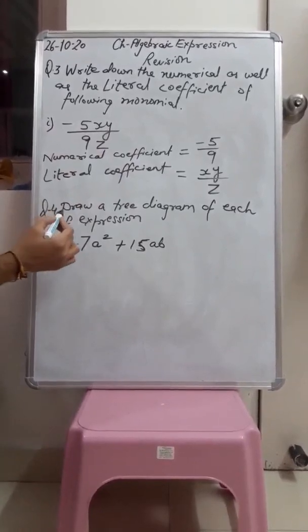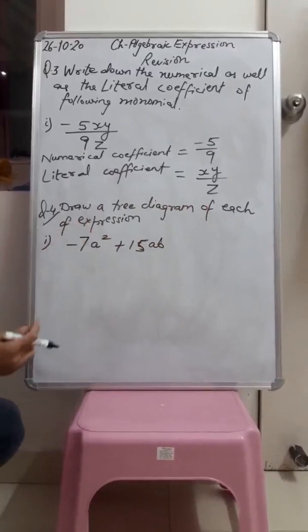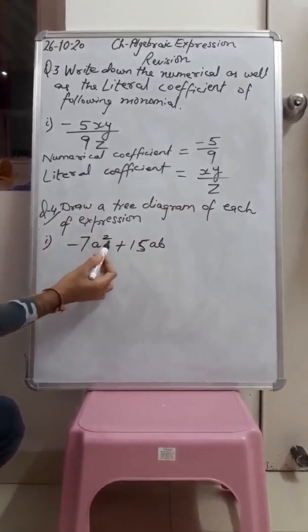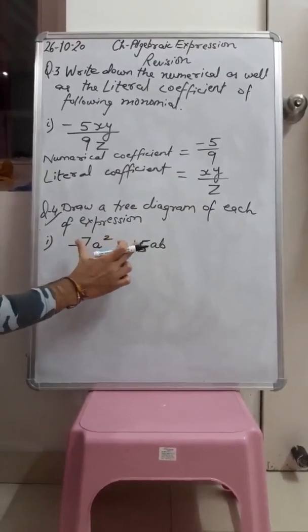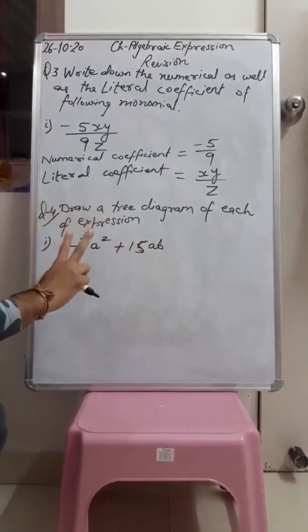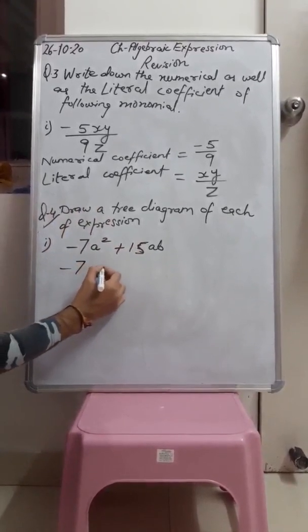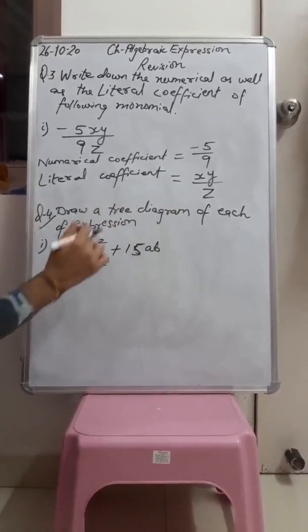Now question number 4 is draw a tree diagram of each expression. Here we have been given the expression minus 7a square plus 15ab. In this expression it is a binomial. There are two terms. The first term is minus 7a square, and for it we have to draw a tree diagram.